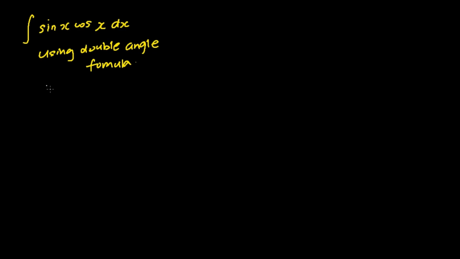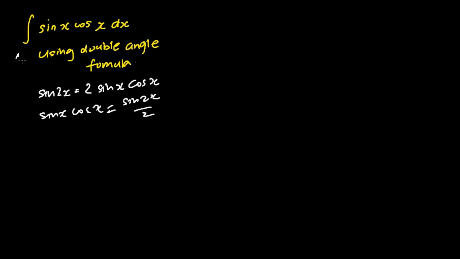We can solve this problem by using the trigonometry identity, the double angle formula of sine 2x. We know that sine 2x is equal to 2 sine x cosine x, in which if we were to make sine x cosine x the subject, we get sine 2x over 2. So hence we can transform this question into the integral of sine 2x over 2 dx.